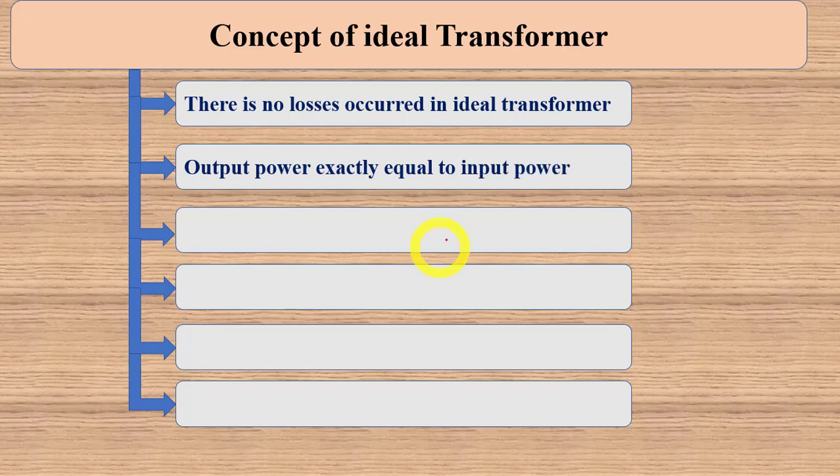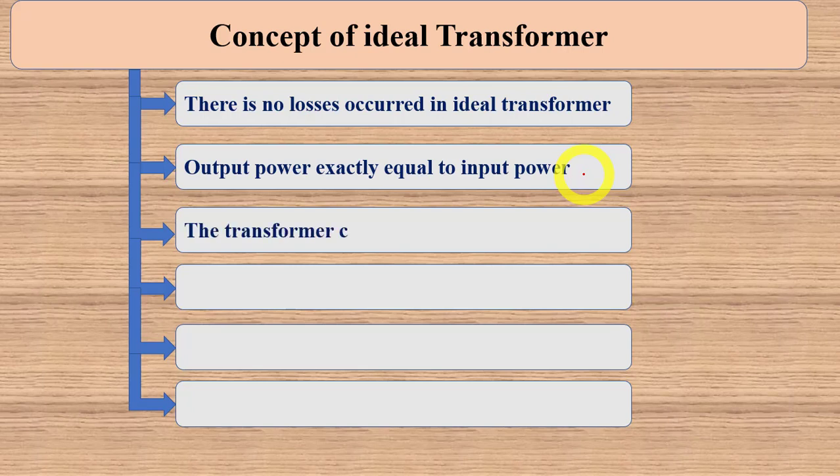There is no magnetic leakage reactance or magnetizing reactance or lumped resistance on either the primary side or the secondary side. So there is no power loss. Whatever energy is supplied at the primary winding is totally received at the secondary winding without loss of energy.